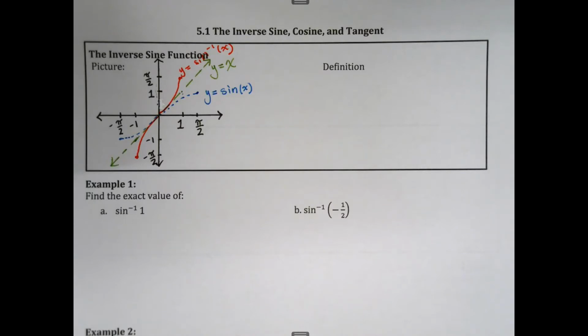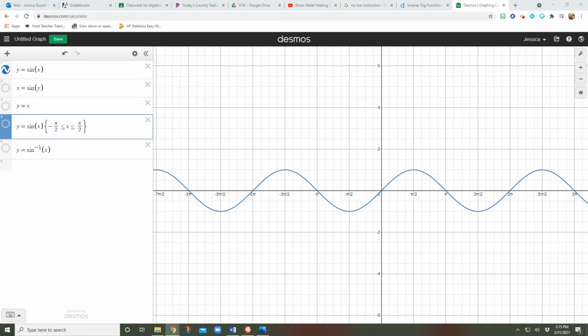When we are talking about the function y is equal to sine of x, we know from our graph that the function is not one-to-one. A function is said to be one-to-one if both the function and its inverse are also a function.